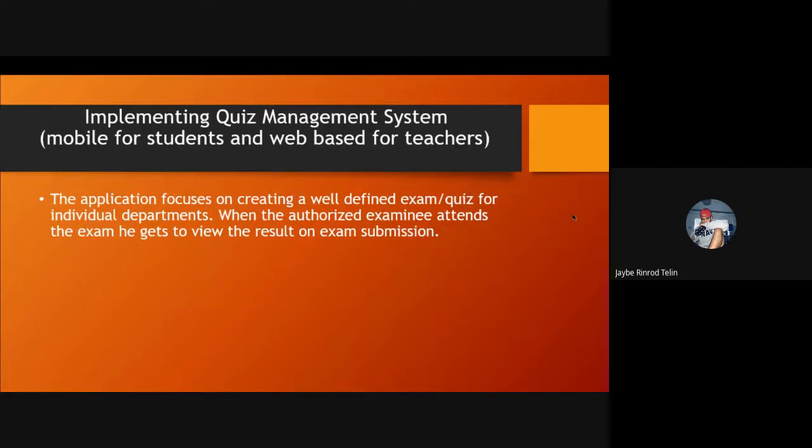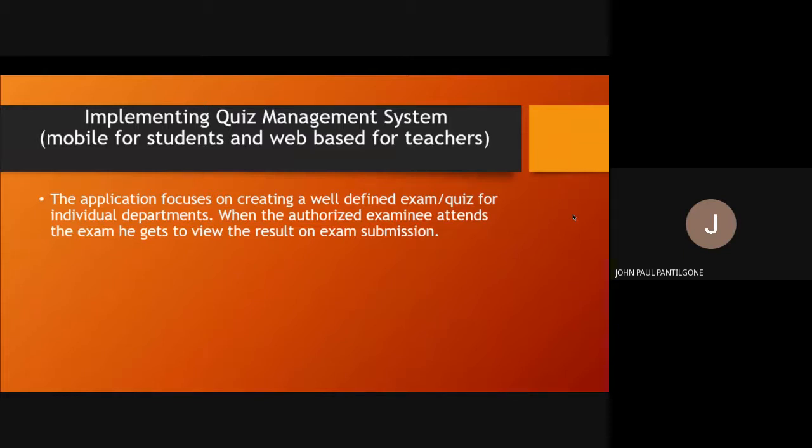So the application focuses on creating a well-defined exam quiz for individual departments. When the authorized examinee attends the exam, he gets to view the result of an exam submission. This system is an online quiz management system.